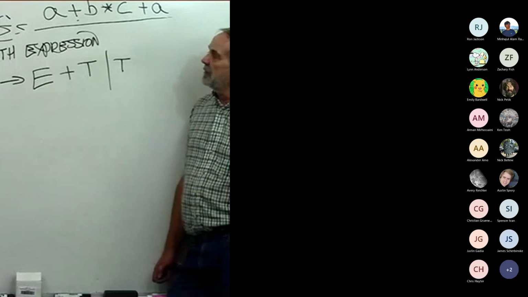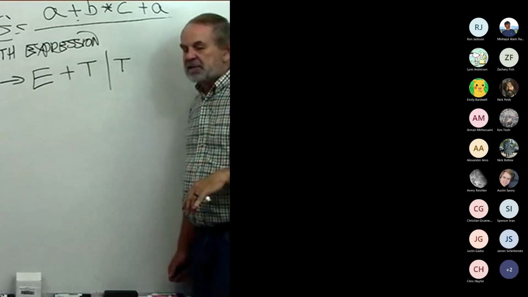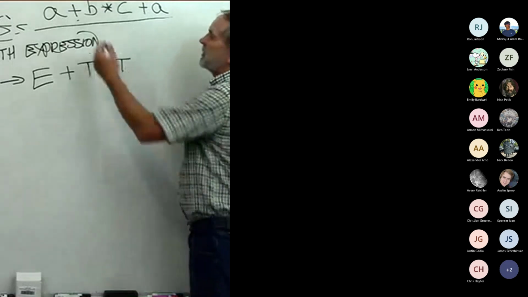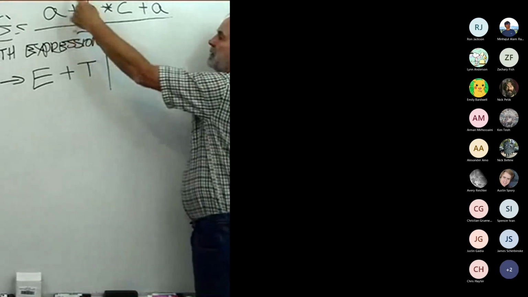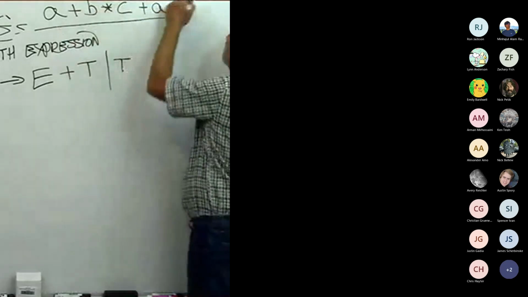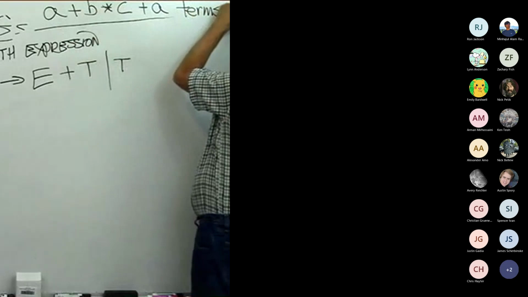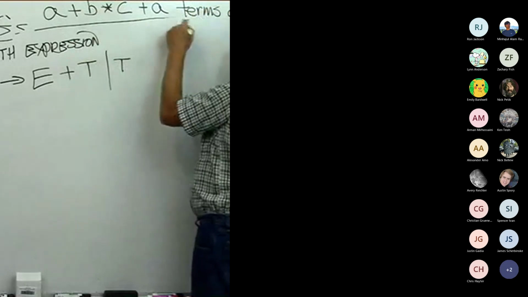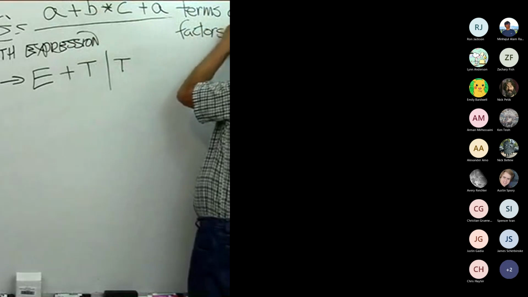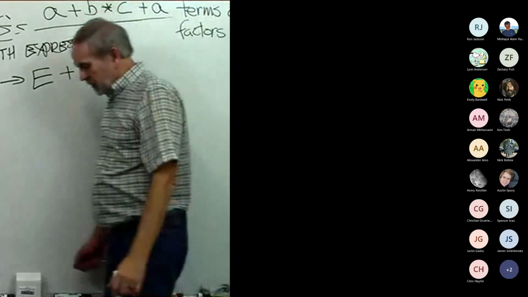So we're just looking at add and multiply for simplicity. The things joined by pluses here are terms, and factors multiply. Terms add together, factors multiply.